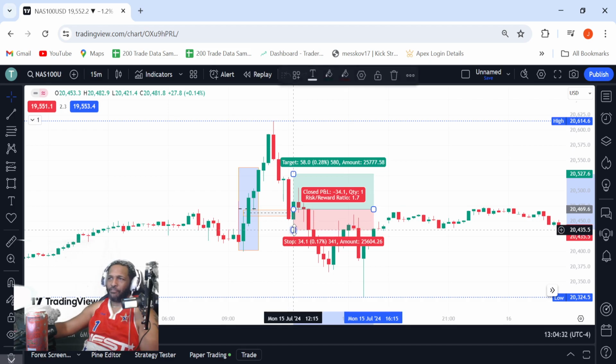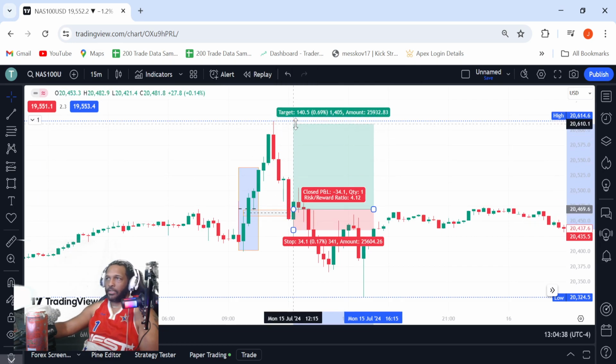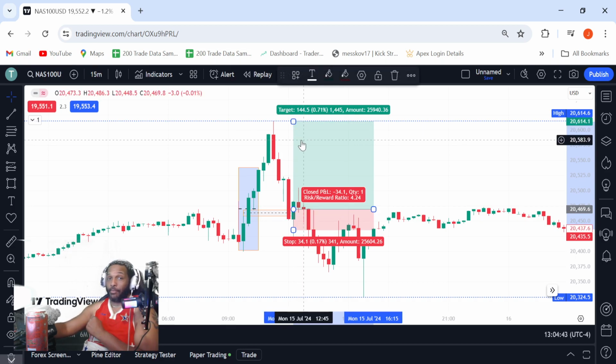So if the wick comes all the way through, but the body closure is above that fair value gap, you literally can target the high. And for me, that's as far as I would go, because you never know whether or not there is another level or layer of price action, or what array or what range you might be in, unless you're looking at a higher time frame.